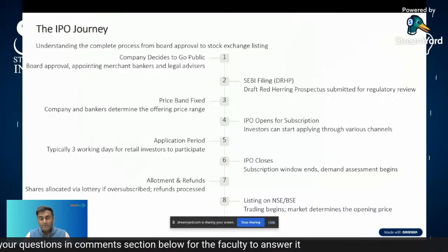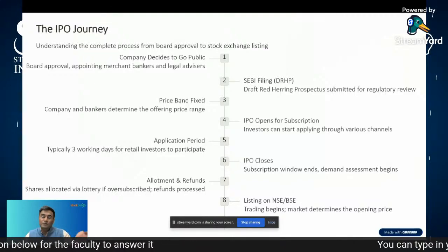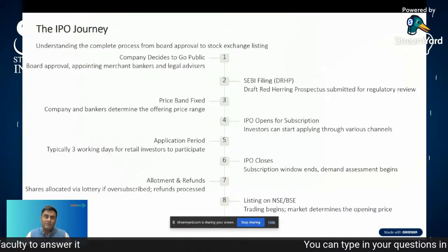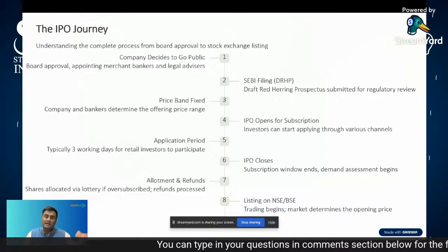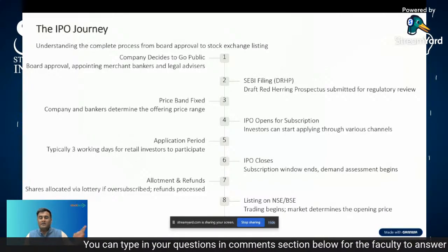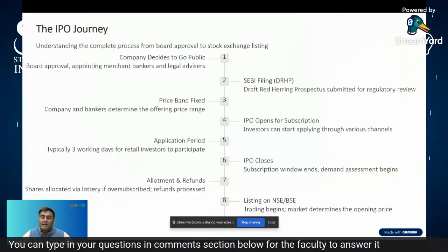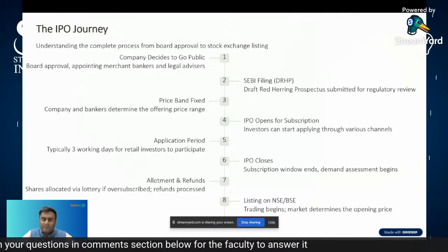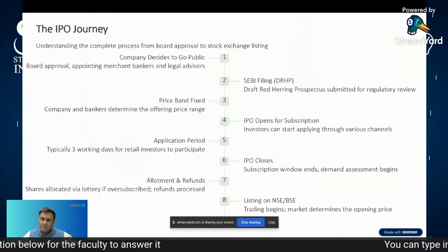Okay, application supported by blocked amount. So I remember it was post Reliance Power IPO that ASBA was introduced, and from there onwards, it's been the go-to method.